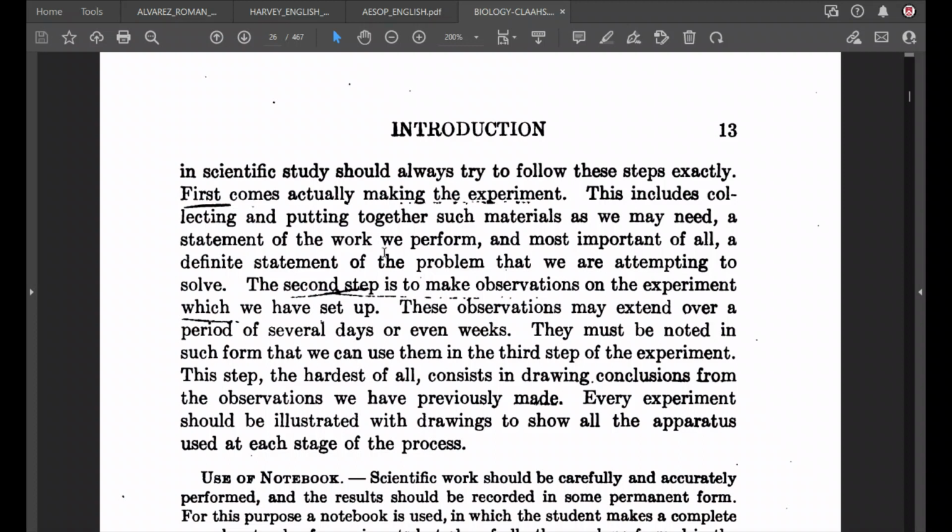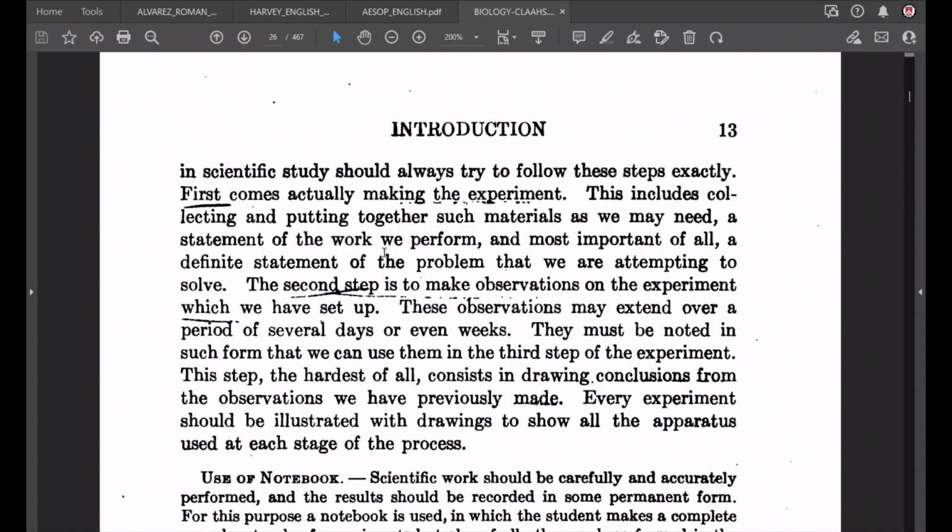So how do we go about seeking this scientific knowledge? We do so by means of experimentation, and there's a certain process. The first step is actually making the experiment. It starts with a problem. There's some problem we'd like to solve.